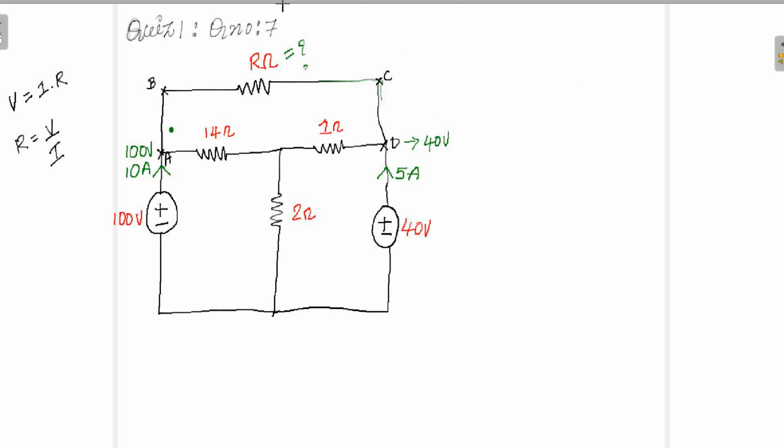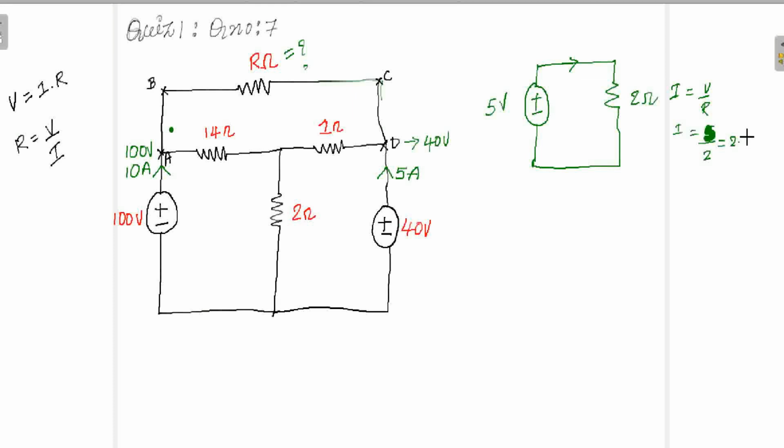For example, if I have 5 volts across a resistor of 2 ohms, then how much current flows? Current is equal to V by R, that is I equal to 5 by 2, that is 2.5.